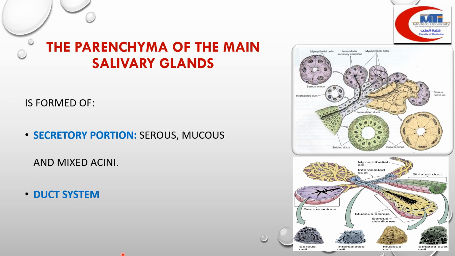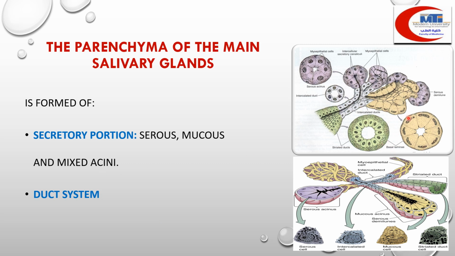Now let's know the structure of the parenchyma of the main salivary glands. The major or main salivary glands parenchyma is formed of secretory portion or unit, which is formed of groups of cells arranged in the form of acini or alveoli or tubules, surrounded or invested by myoepithelial cells. Also formed of duct system.